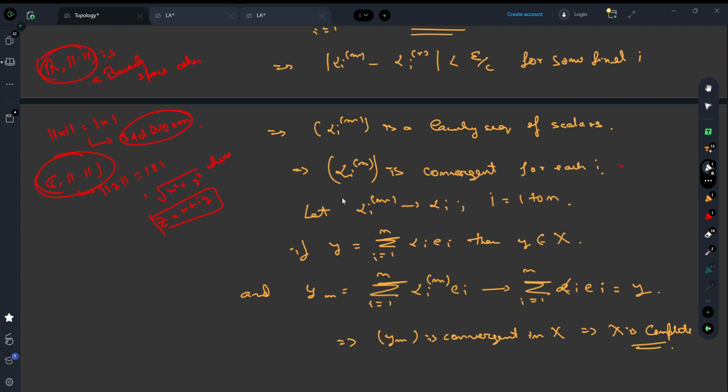Then a normed linear space is finite dimensional if and only if the closed unit ball defined in that space is compact. Then we also have that a normed linear space is finite dimensional if it's locally compact. We have certain properties like that. We will discuss those in the next lecture.